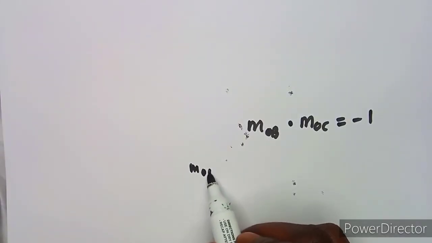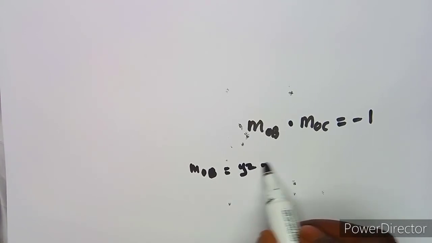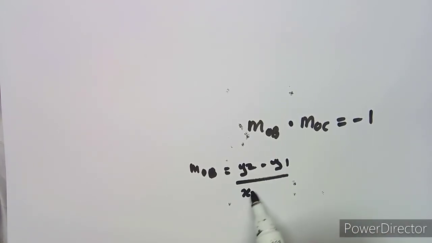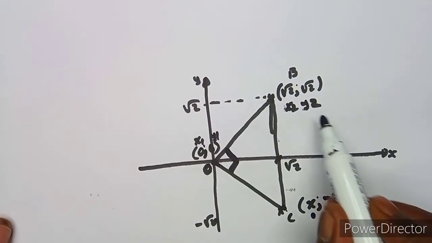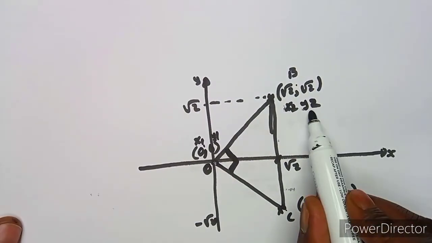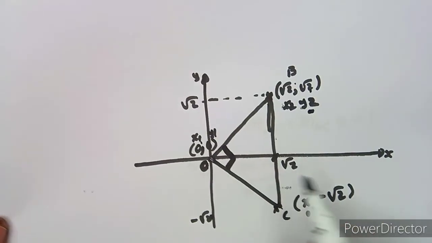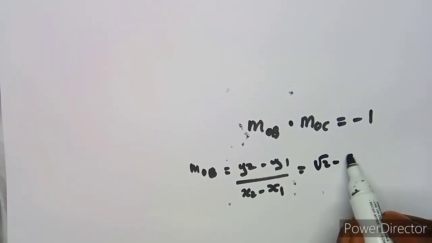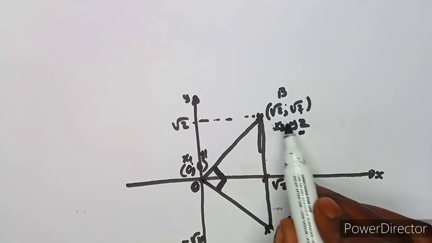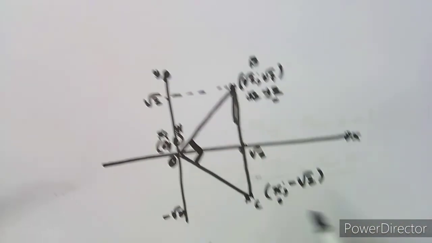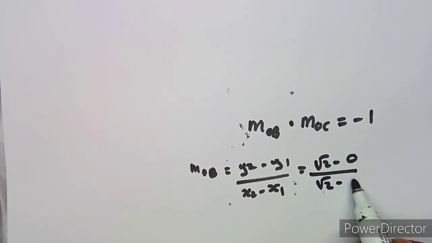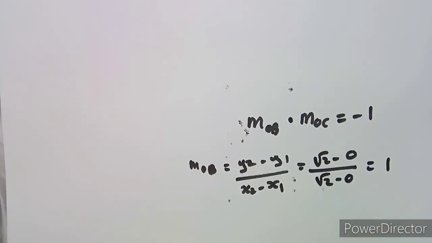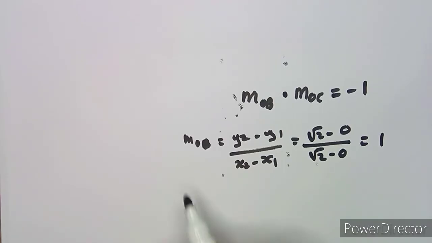The gradient of OB is y2 minus y1 over x2 minus x1, which is square root of 2 minus 0 over square root of 2 minus 0. As you can see, these two are the same, so this is going to give us a 1.